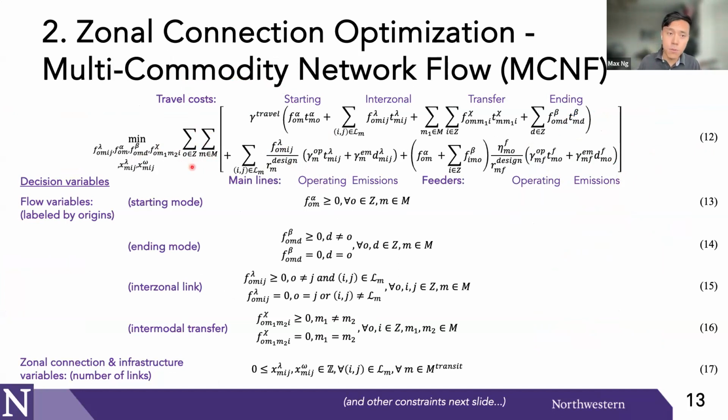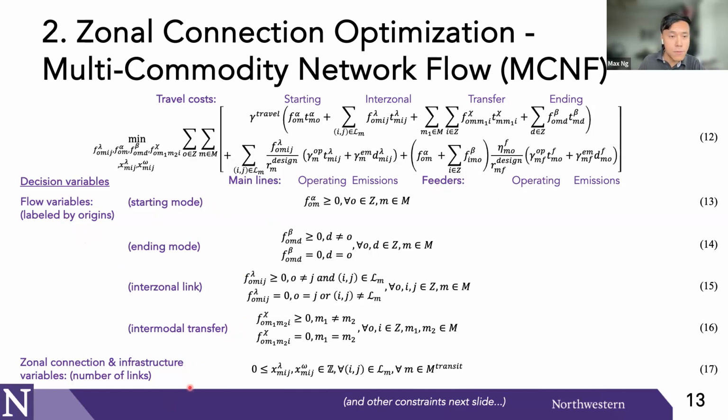We have 6 different groups of decision variables, and the first 4 groups are the flow variables. We are labeling them by origins only and not by OD, because if we do it by OD, then we will have too many variables for our solvers to handle, but it's also sufficient to label them by origins only, which I will explain later. But basically, the flow variables are the 4 arc types I've mentioned.